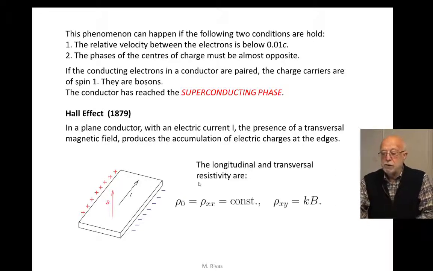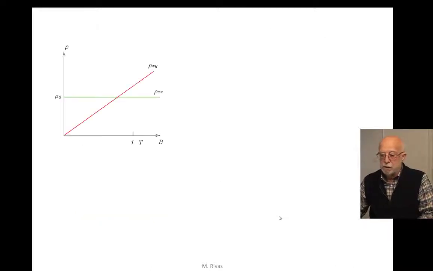Here, the ohmic resistivity of this material, rho XX, is constant, but the transversal resistivity, rho XY, which prevents the electrons from continuing to go to the sides, is proportional to the external magnetic field. So the picture of these two resistivities is this in terms of the external magnetic field. Rho XX is constant, while rho XY is growing linearly with the external magnetic field.